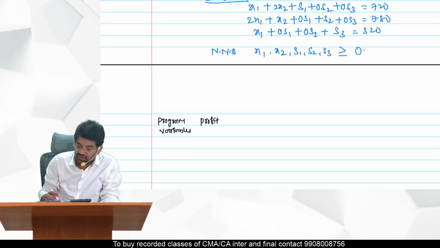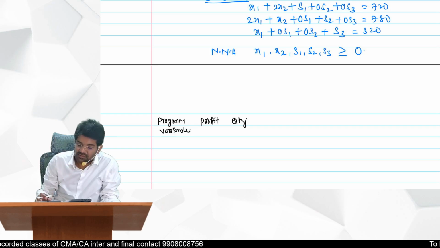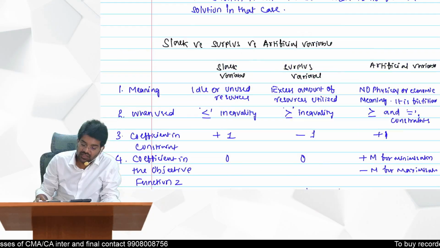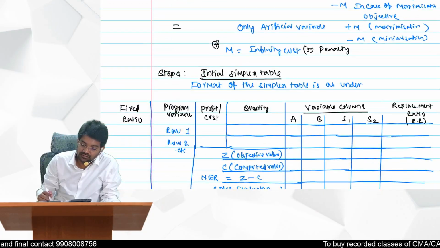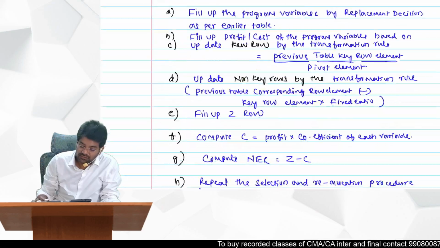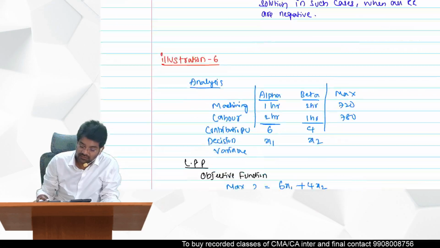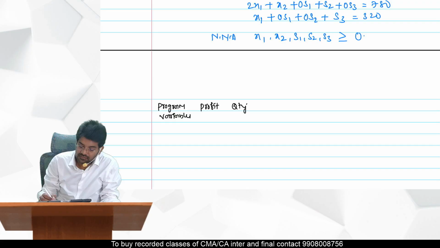Then we should take the quantities. Then we take the decision variables. You can see the format here. Then we take the variable columns.